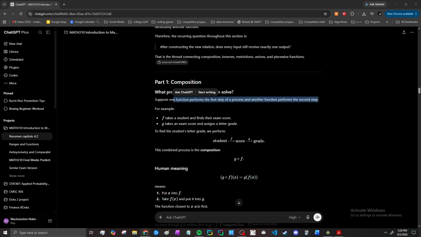Let's go back to composition for the most part. Composition is when the input goes into a function and that function's output goes to another function. That's what a composition basically is.